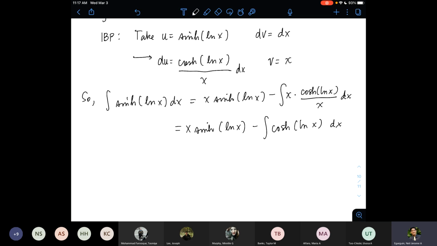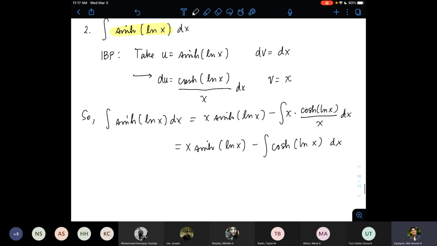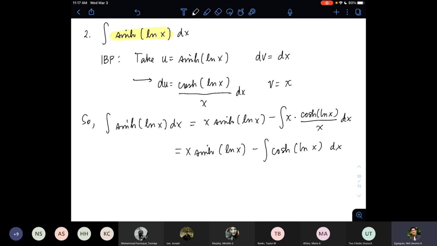Unfortunately, it turns out that this integral is not elementary in form because we don't have a formula for the integral of cosh ln x. And you see that this is a bit similar to the original problem that we had. So this is one variation of integration by parts, wherein if we cannot get an elementary form for the current integral, we're hoping that at least it will go back to the original problem.